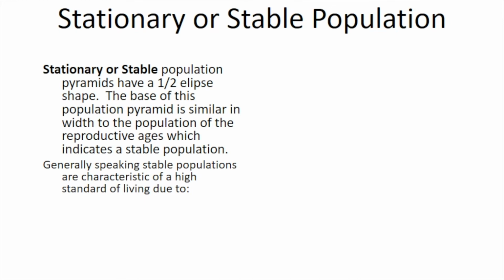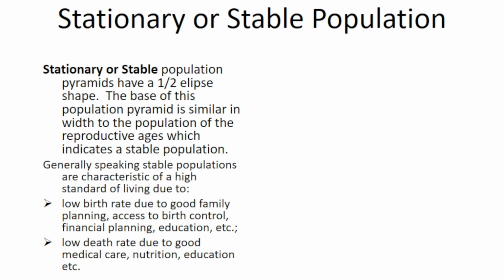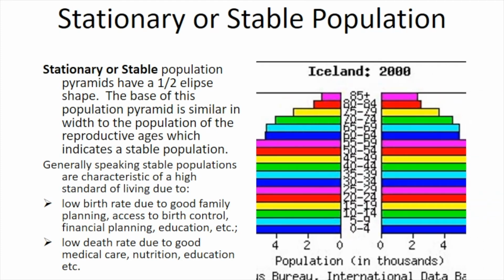Generally speaking, the stable population is characteristic of a high standard of living, due to low birth rate, good family planning, access to birth control, and education. Low death rate due to good medical care, nutrition, and education, as you can see in this population pyramid of Iceland in year 2000.